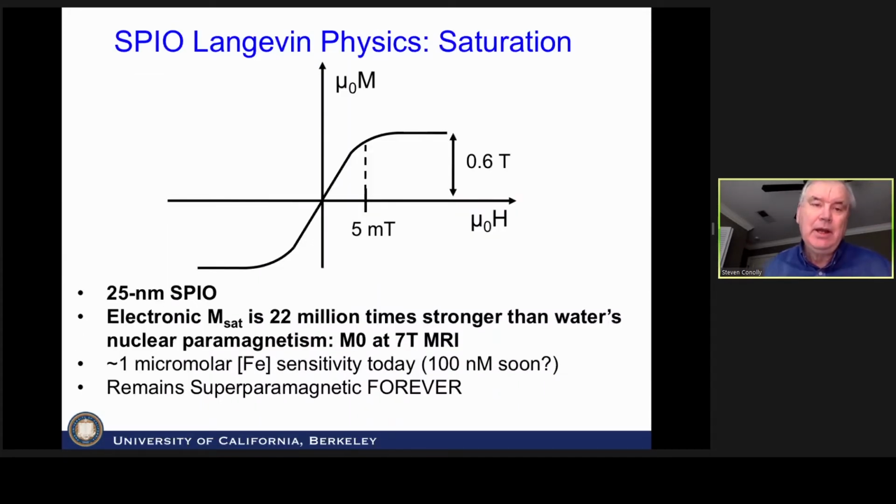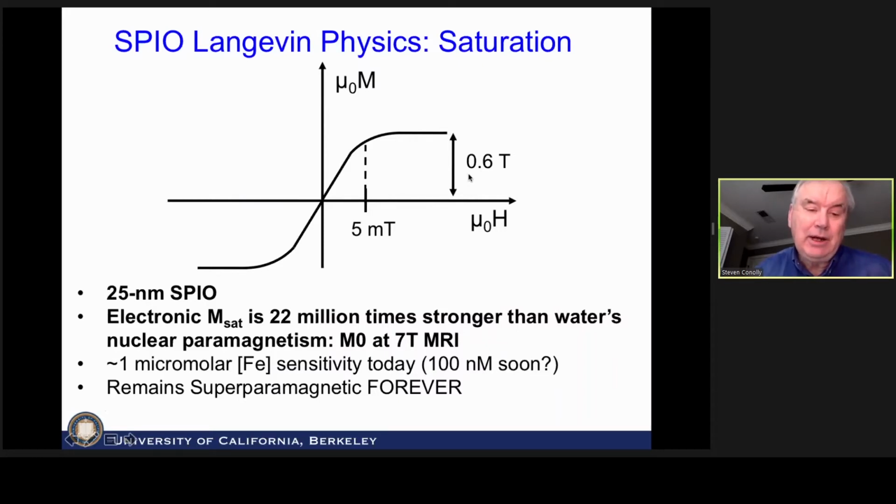How does this work? We have to do a little bit of a study of how Langevin physics works, which governs the saturation of these magnetic nanoparticles. Any field applied that's greater than about 5 millitesla gives you almost 100% saturation inside this nanoparticle to a remarkable 0.6 Tesla.